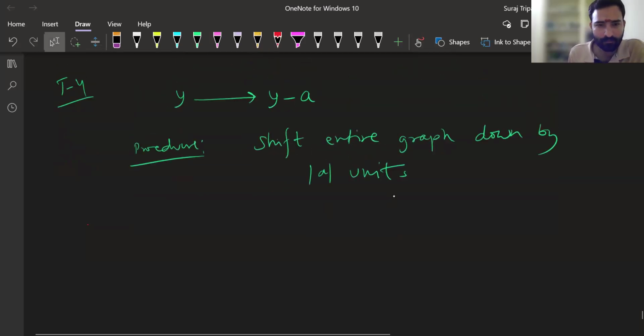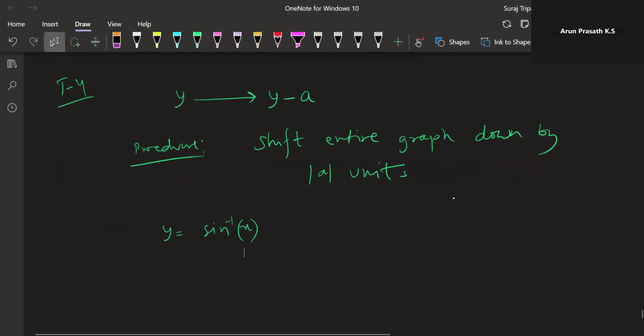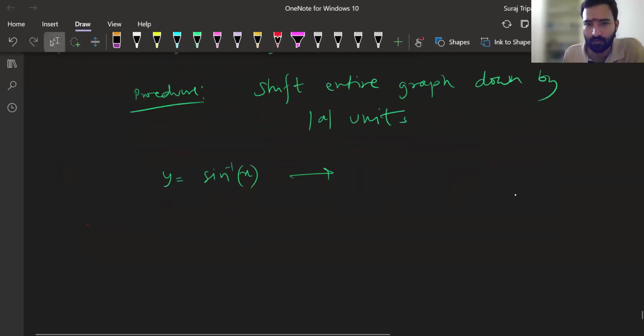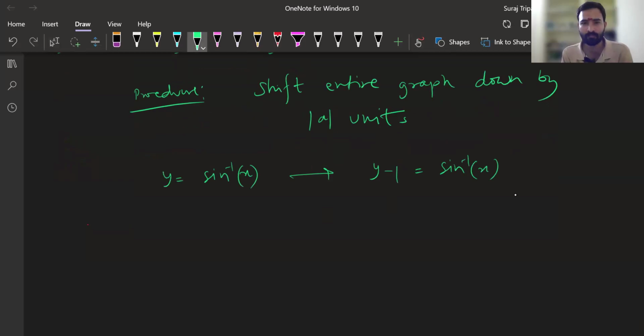So suppose we have y equals sine inverse x, this graph. Okay, so from this graph, we have to draw y minus 2 equals sine inverse x. Or also we can take 1. We can take any number also. Just take 1 only, and later we will see.